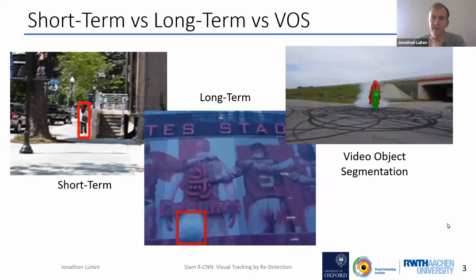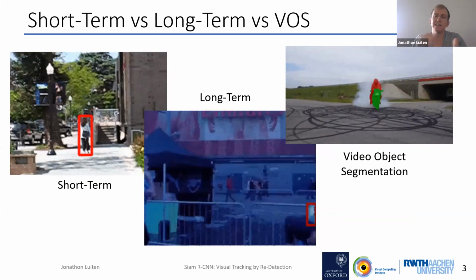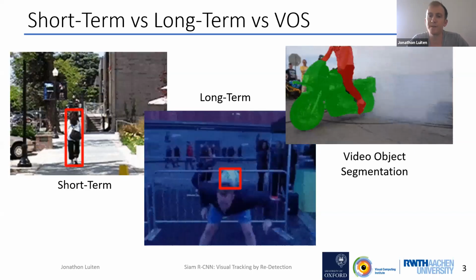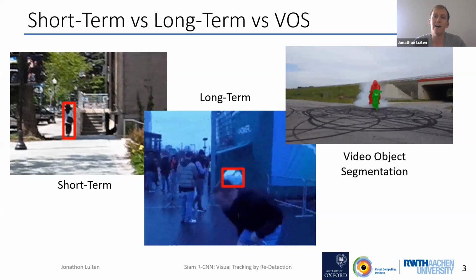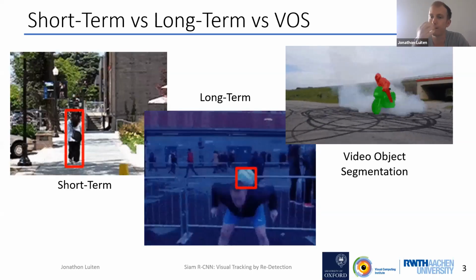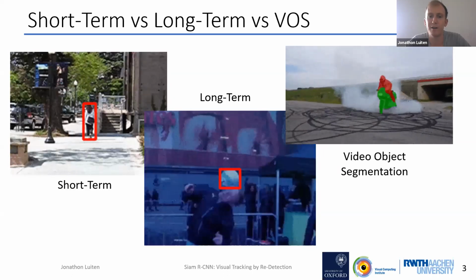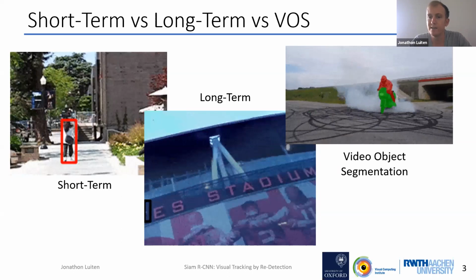Usually in this case, the videos are much longer. And then also video object segmentation, which is exactly the same scenario, except that the initial templates to track are given as segmentation masks, and the required output of tracking is also segmentation masks. In this case, you can also see that sometimes in one video, multiple objects need to be tracked, so multiple templates are given simultaneously.